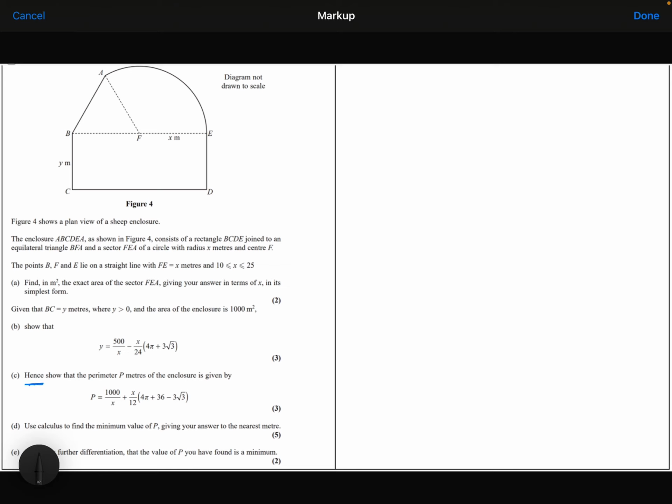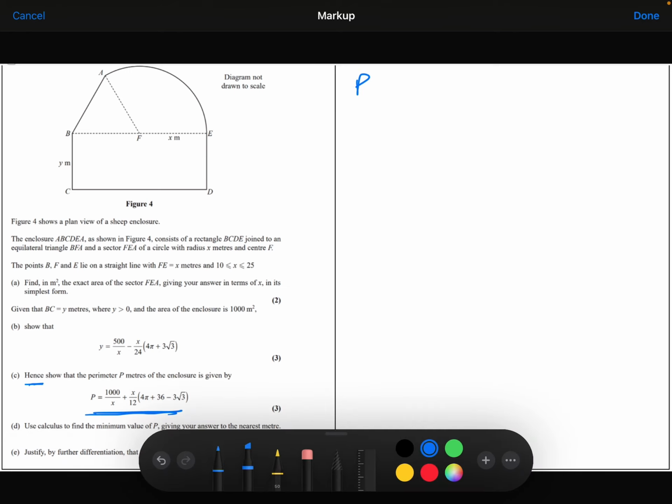Hence, show that the perimeter of the enclosure is given by this expression here. Right, let's look at the perimeter. So that's going to be this length, which I know is 2x, plus this length, which I know is y, plus this length here.